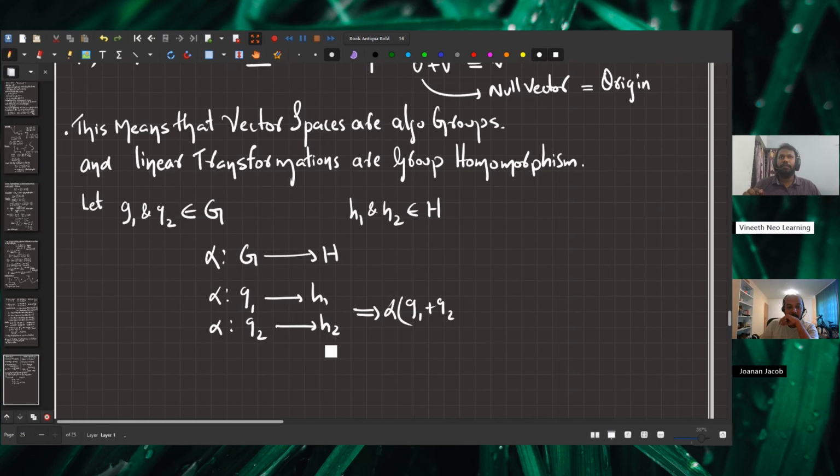Then G1 plus G2 should be mapped to H1 plus H2. If so, a homomorphism defines similarity in algebraic structure.